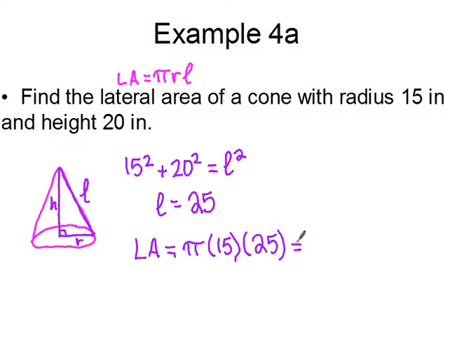Alright, so pi times 15 times 25, we get 375 pi. And I'll just leave it in terms of pi because we can always switch that to a decimal real easy. Okay, gotta know your formula and you gotta know what they're giving you. And then you've got this under control.